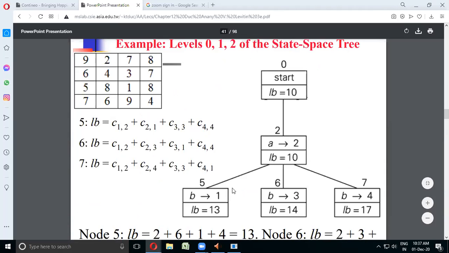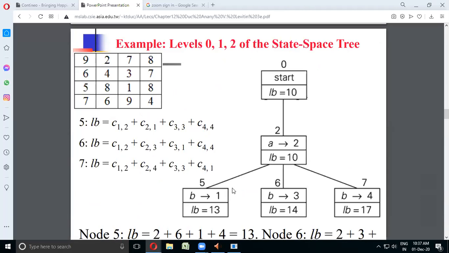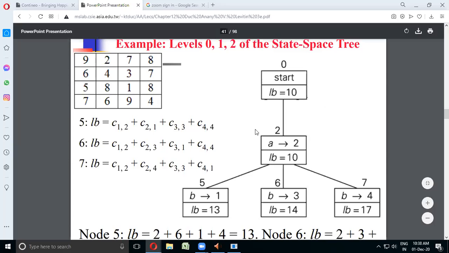Next I have to go to the next level. Okay, so going to the next level, what I should do, please understand here. Basically I'm looking for a path, so which level, what persons should be assigned.